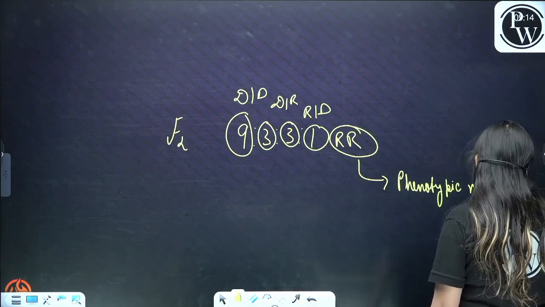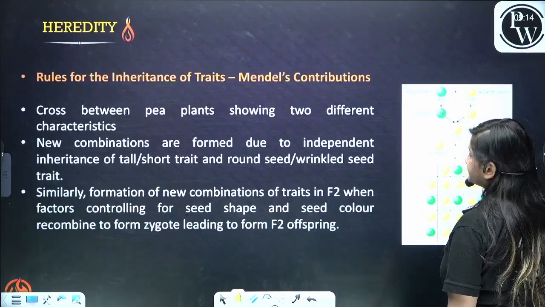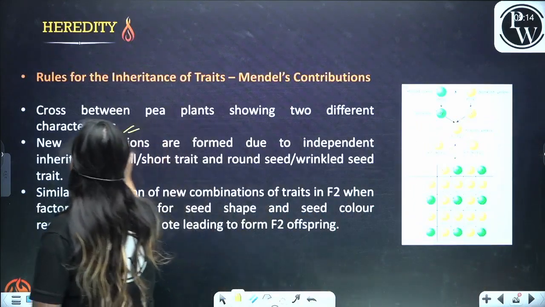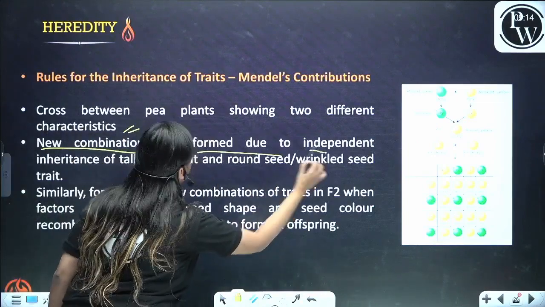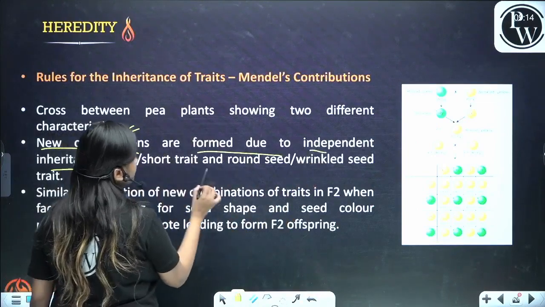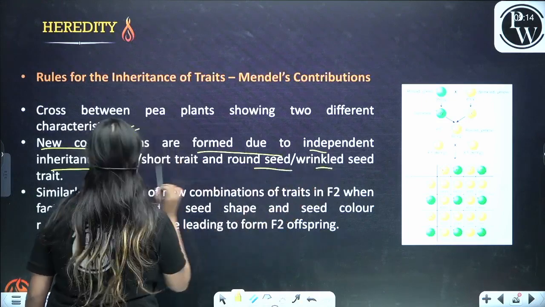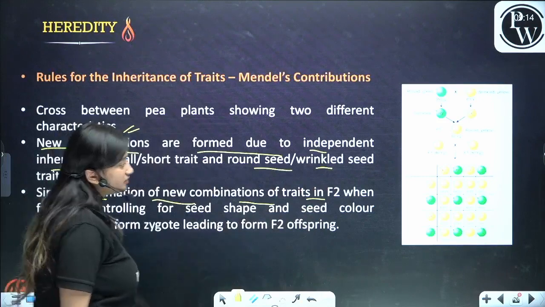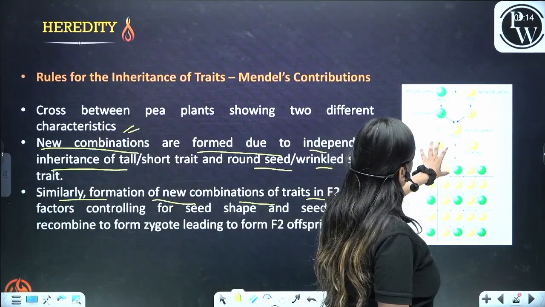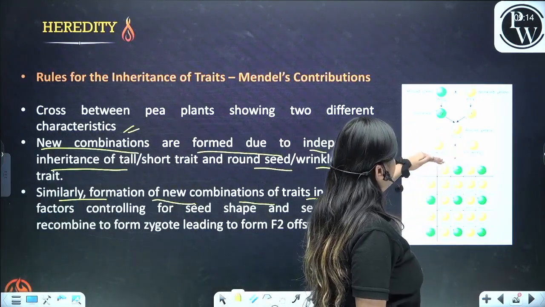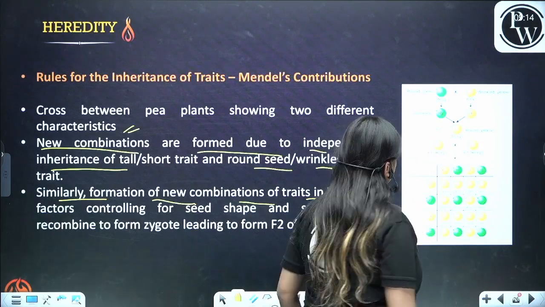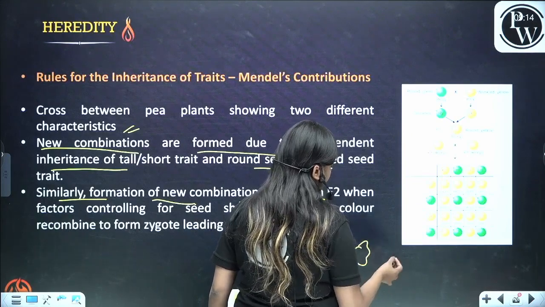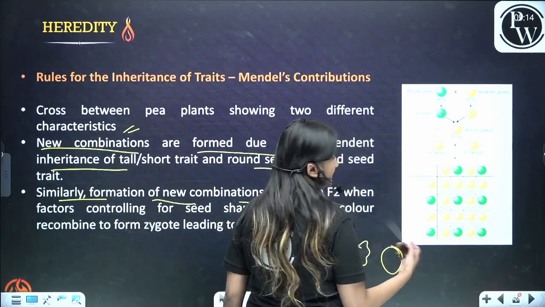Done. Now they made a cross. Okay, now let's move forward. You can see over here showing the two different characteristic features. New combinations are formed due to independent inheritance of the tall or short trait, and round or wrinkled seeds. Similarly, in the formation of combinations of traits in the F2 generation, you can see that all are not showing the dominant one, but some are wrinkled yellow and some are round green.